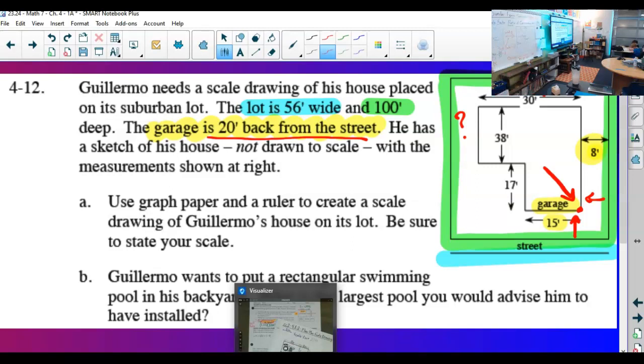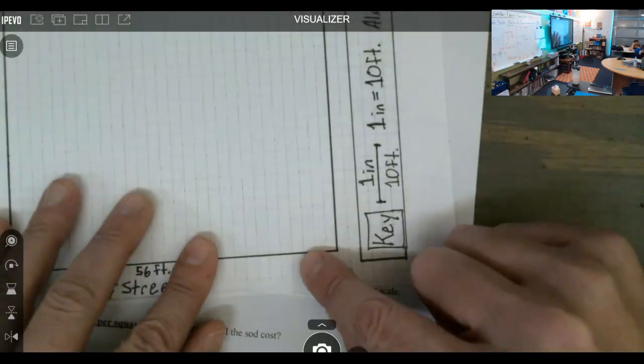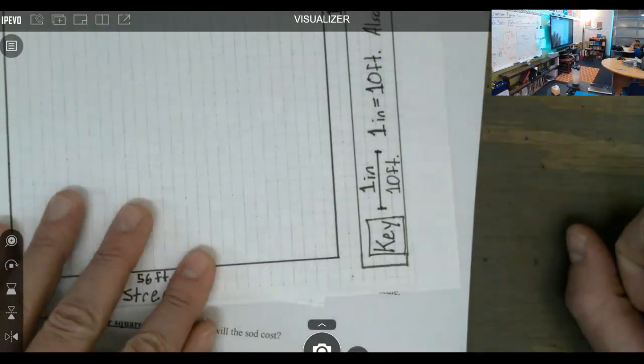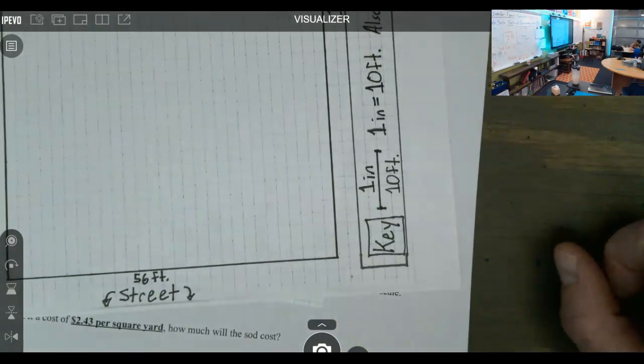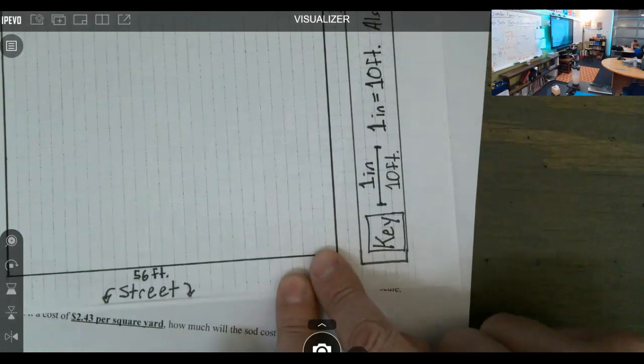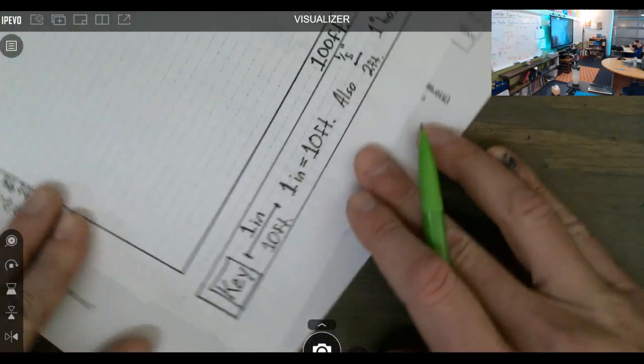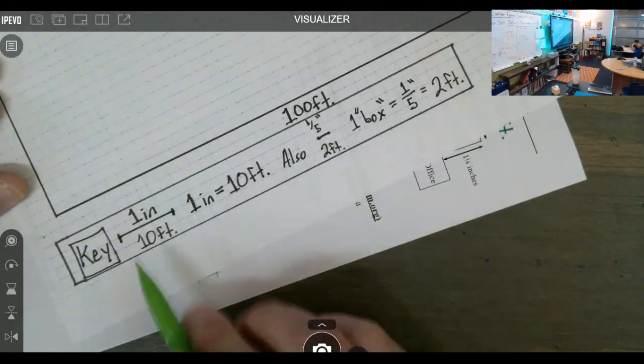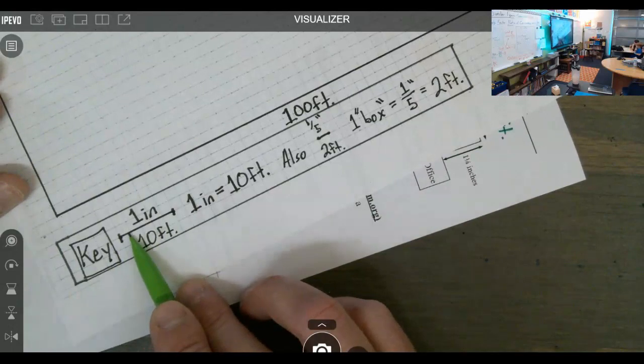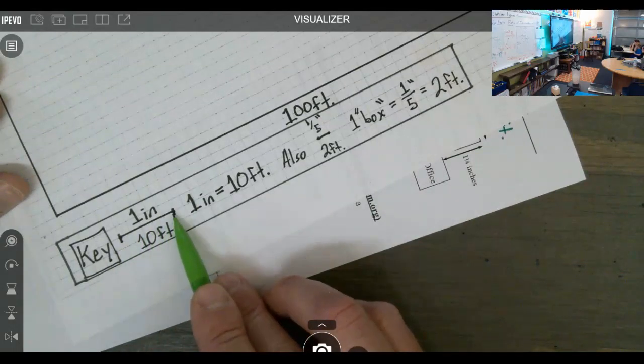If we are 20 feet back from the street, how many boxes am I going to count up? To be 20 feet, how many boxes are we going to count up? Well, if I check my key, 1 inch, how many boxes is this 1 inch?